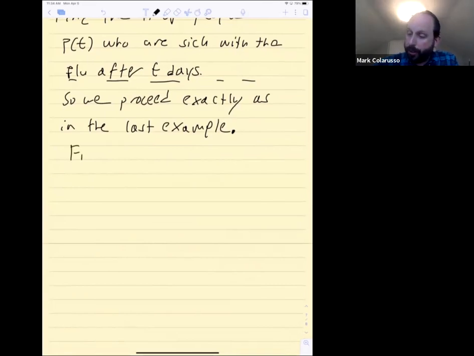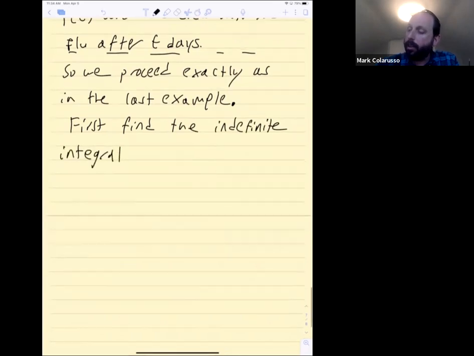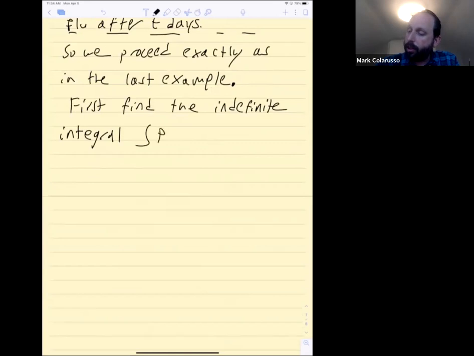So first find the general antiderivative formula, the indefinite integral, if you like, of p prime. This will basically be p of t plus c.